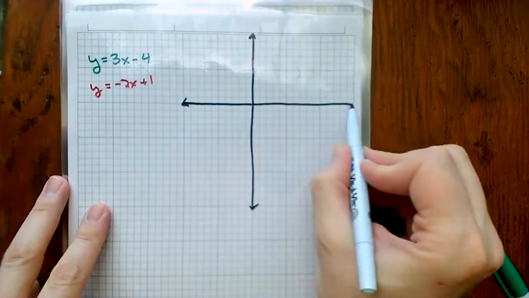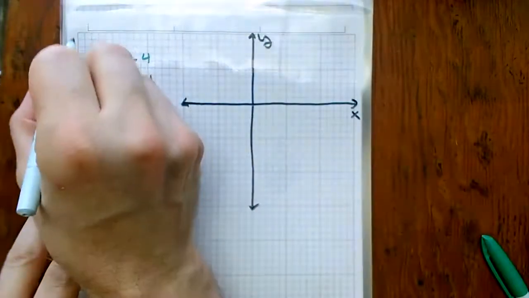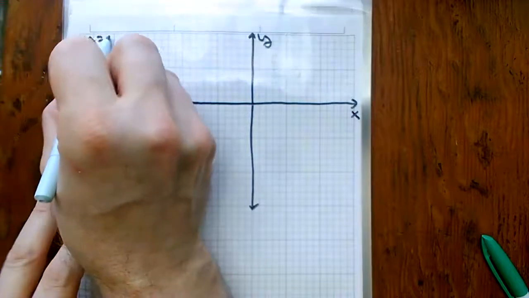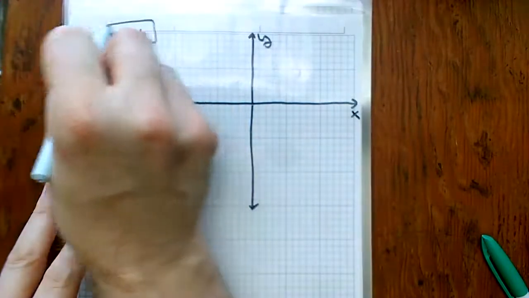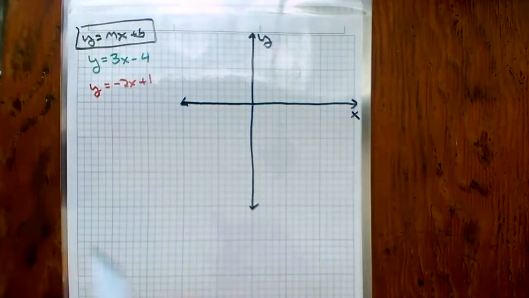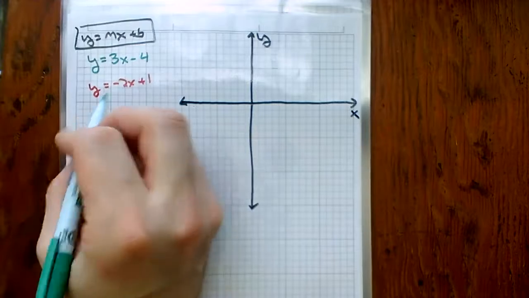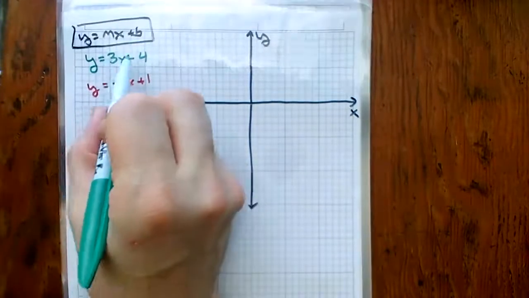When you're graphing lines, especially in this y equals mx plus b format, remember, you only need two pieces of information. You need a starting point, which we can find as that y-intercept, and you need the slope.